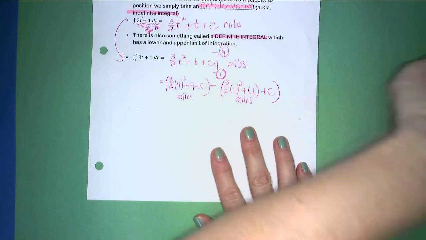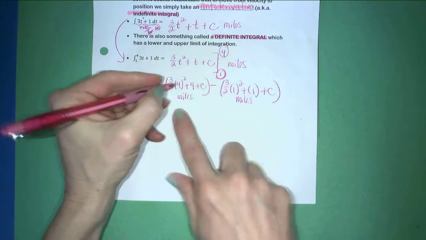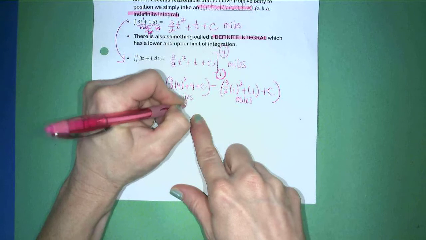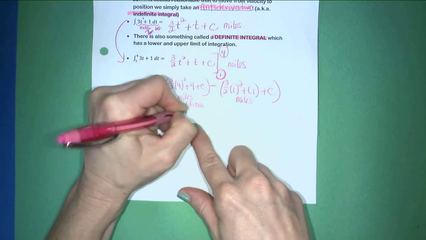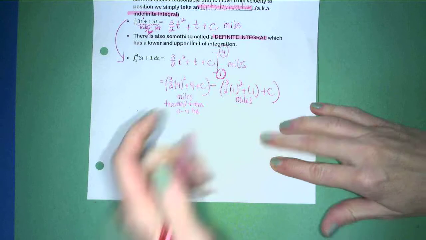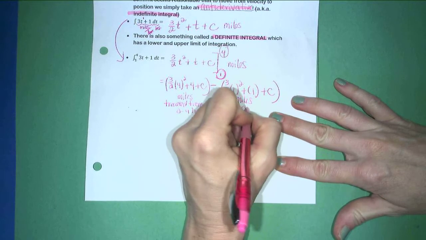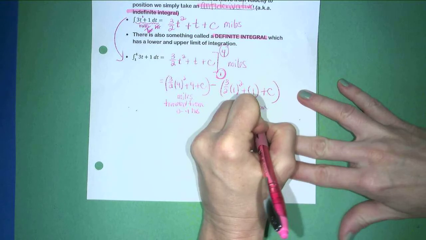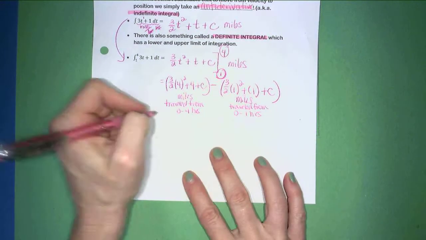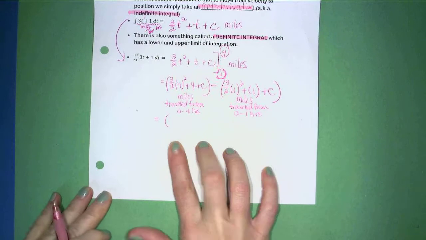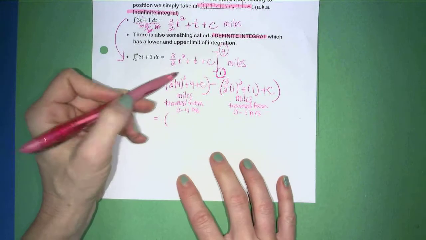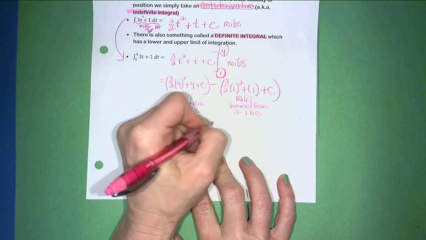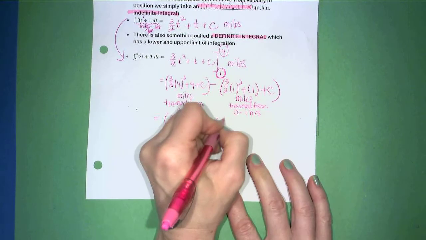So let's just say this is miles traveled from 0 to 4 hours minus the miles traveled from 0 to 1 hours, and that is going to give me, let's see here, 3/2 times 4 squared is 24 plus 4 plus c minus 3 over 2 plus 1 plus c.